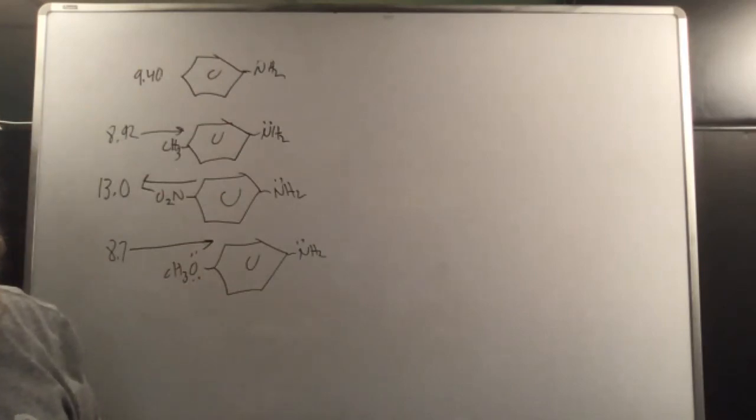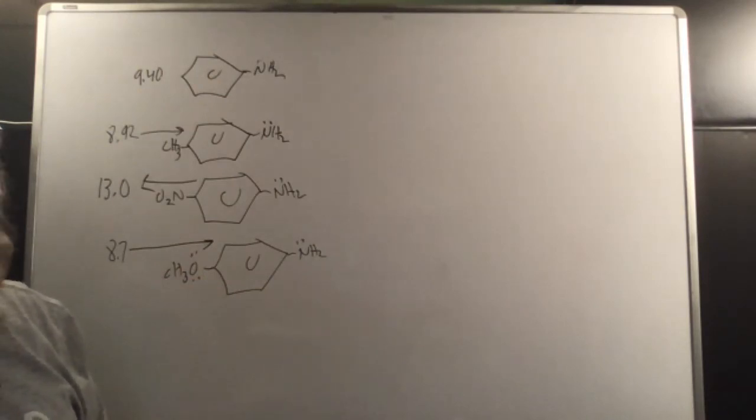Now notice whenever we put the methyl groups on the nitrogen themselves, it doesn't lower the pKb as much.